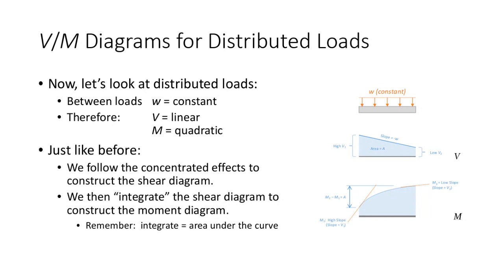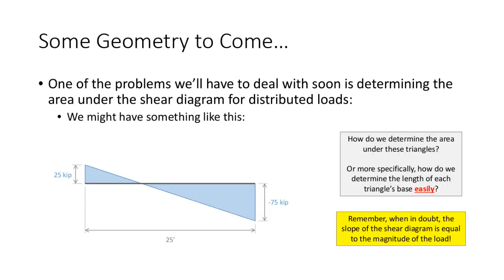What I have found that's hard among students starting to look at this is not the drawing of the shear diagram or the moment diagram, or the concept behind what it should look like. That's usually pretty easy to grasp. What's hard sometimes is just the basic geometry. We're going to have shear diagrams that look like this, and I don't want there to be an issue with the geometry challenges that will arise.